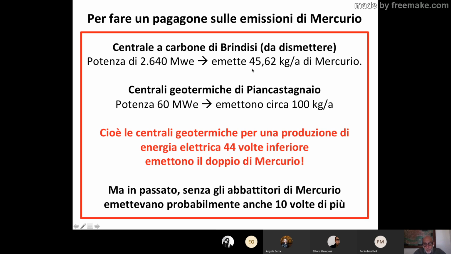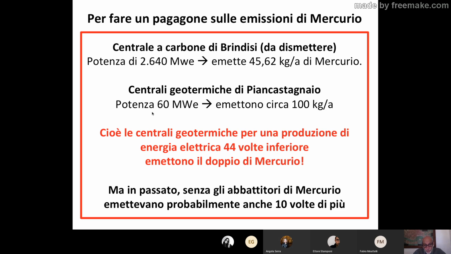Now they emit: Brindisi 45 kilograms a year of mercury, while at Piancastagnaio only, they emit about 100 kilograms a year. Now, at Amiata, the amount of emission is about twice this. It's also twice the amount of production of energy.